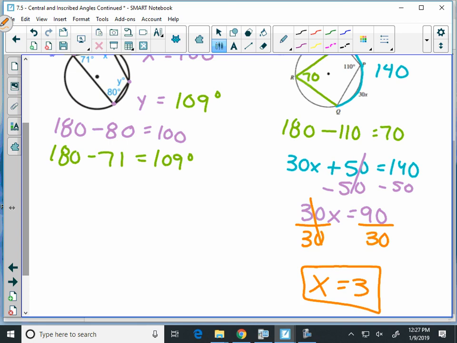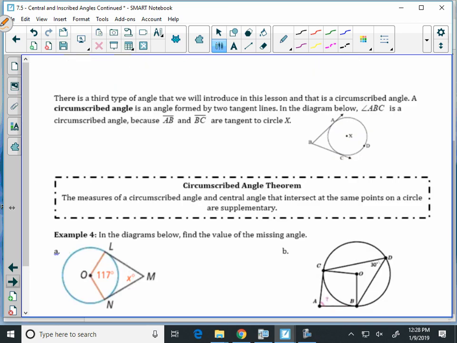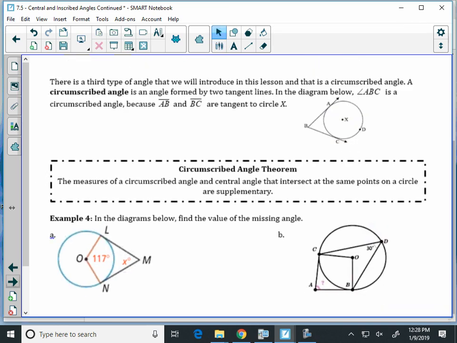Okay. At the bottom, we're going to talk about one new type of angle, and that is called a circumscribed angle. A circumscribed angle is an angle formed by two tangent lines. So if you look at this diagram below, that is a tangent to the circle because it's touching the circle one time on the outside.